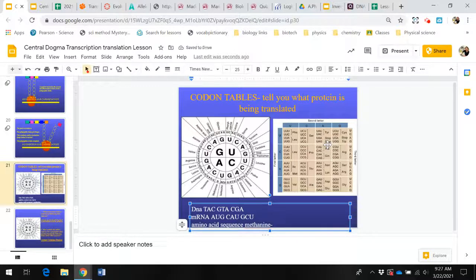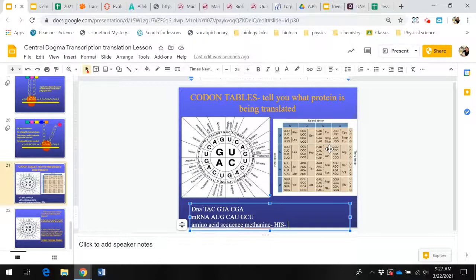All right, next letters. What's our next codon? CAU. All right, so C. A is the second. And then what was the other one? U. CAU is this, right? All right, so histidine.